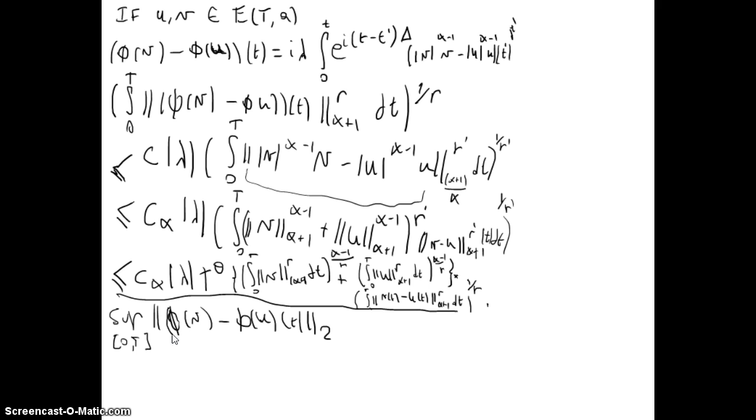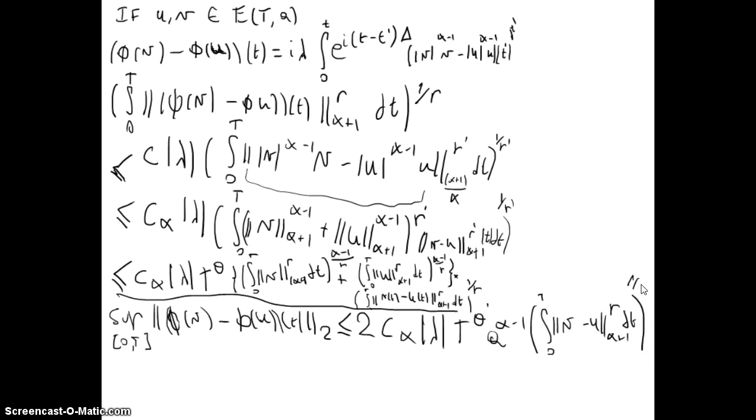This can be bounded by, well, C alpha 2 by C multiplied by C alpha lambda t theta A alpha minus 1, and finally the integral between 0 and t of v(t) minus u(t) in L^{alpha plus 1} dt to the 1 over r.